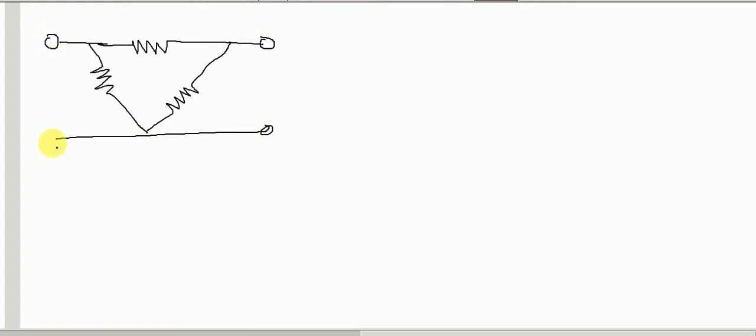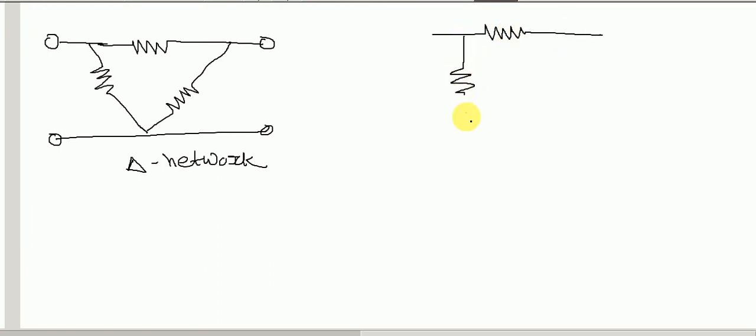I hope you have seen this figure earlier. This is called a delta network. In the next step, this figure can also be redrawn as this type of network.